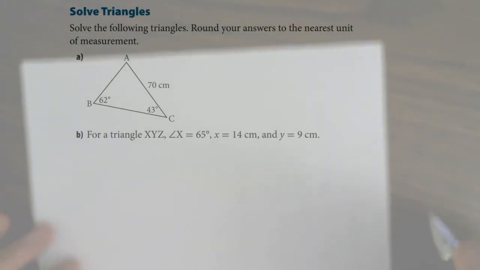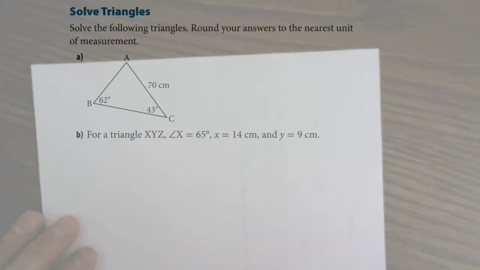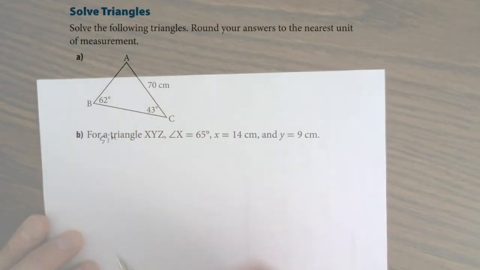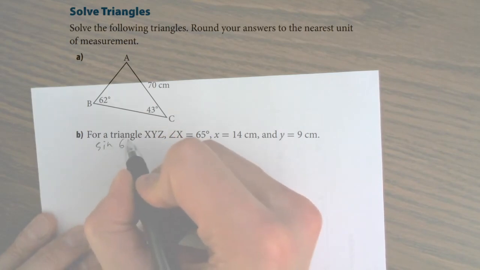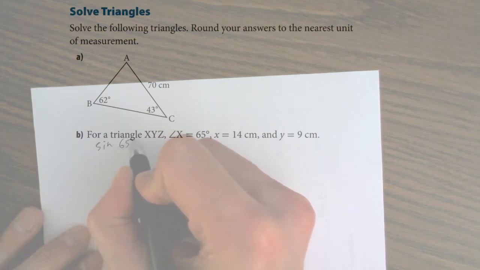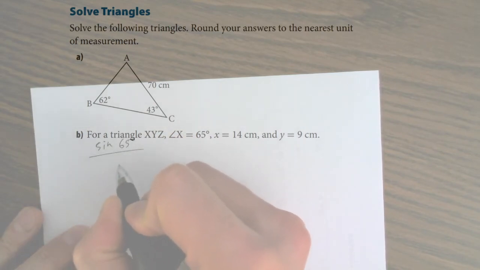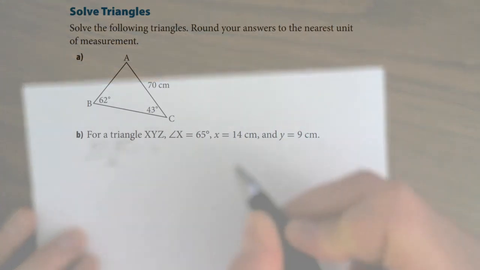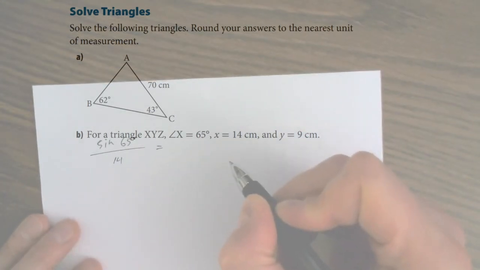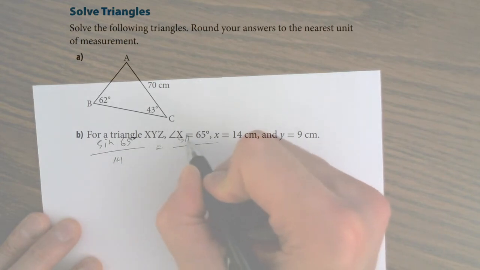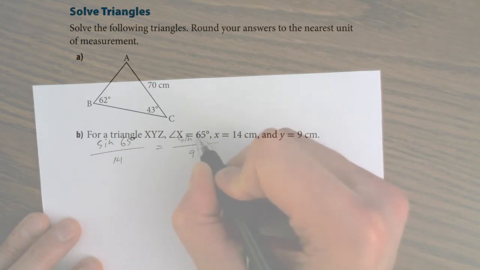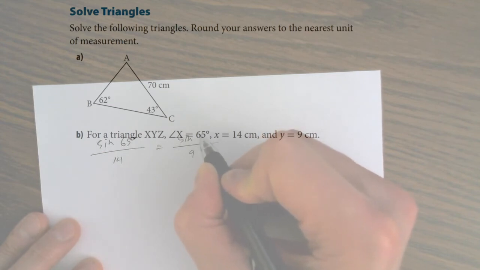So to do B, I've got an angle and a side that goes along with it. And I have a side, and I'm going to find its corresponding angle, which is angle Y.